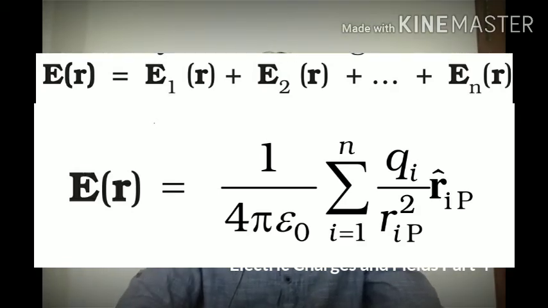So E(r) will be E1(r) plus E2(r) plus E3(r), and so on till En(r). Therefore the total electric field will be E(r) equals 1 by 4 pi epsilon naught, summation of Qi upon RiP square, RiP cap, where i goes from 1 to n. So this is the principle of superposition of electric fields.